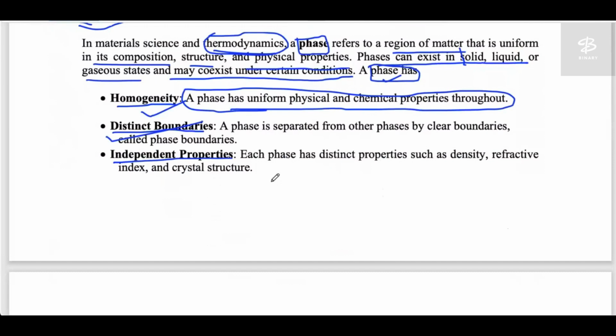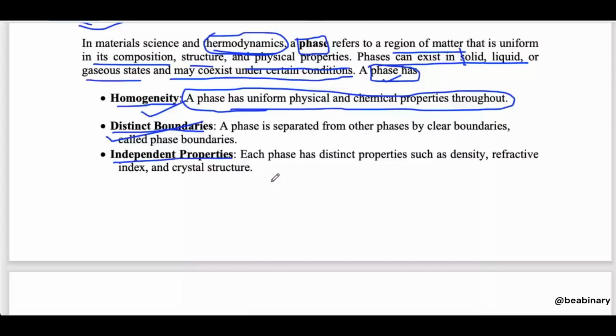Suppose you have the solid form of water, which is ice, and the liquid form of H2O, which is water. Both have different properties at the same temperature and pressure. Ice has a different specific volume, and liquid has a different specific volume.